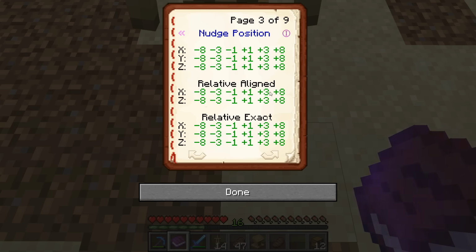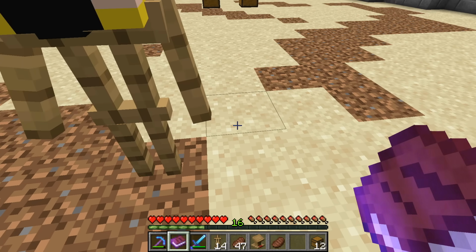Now that is the X axis. So you've got negative X to push it to your left, and then positive X to push it to your right. Now the way I remember it is that X is a cross. So the statue moves across, left and right. So if that's negative X, it moves left.